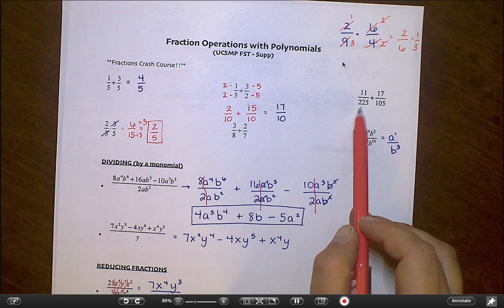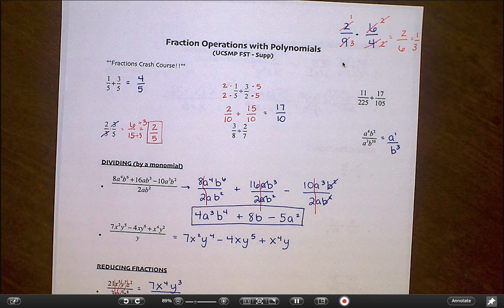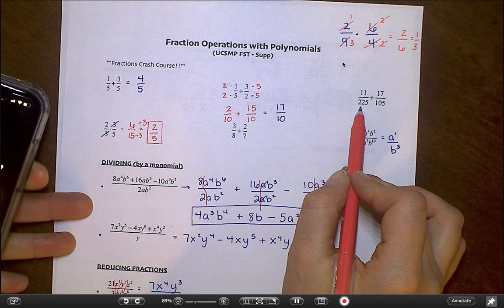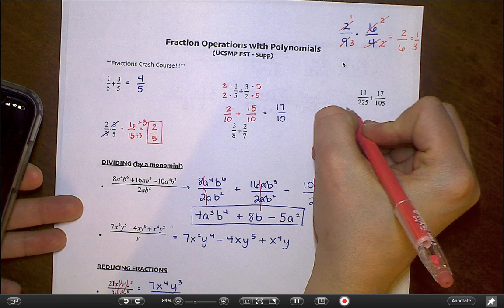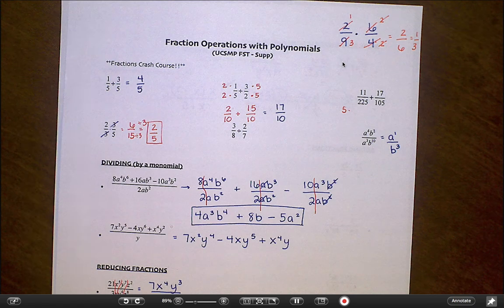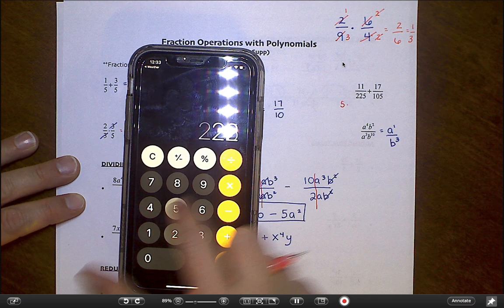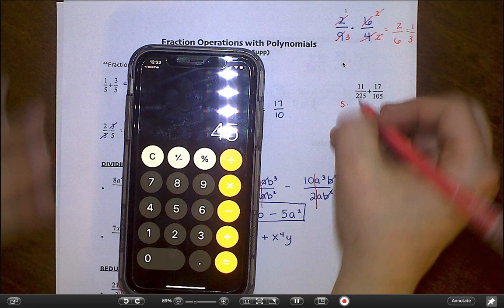So what I want to do is think about what this 225 is made up of. I'm almost making like a factor tree, and if it helps you to make a factor tree off to the side, you certainly could. But I want to take that 225 and break it down into its factors. So 225, I know that 5 goes into it. So it's 5 times something. And actually, sorry, I'm using my phone as a calculator right now. But 225 divided by 5 is 45.